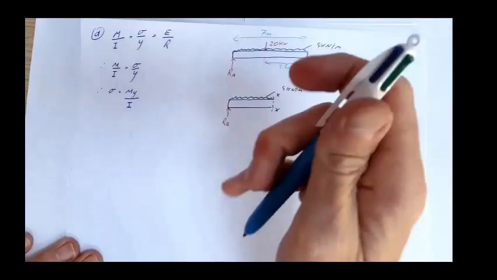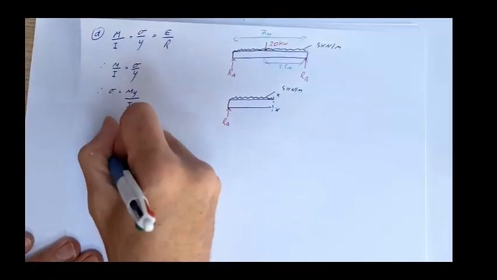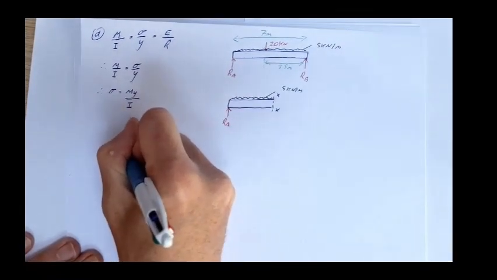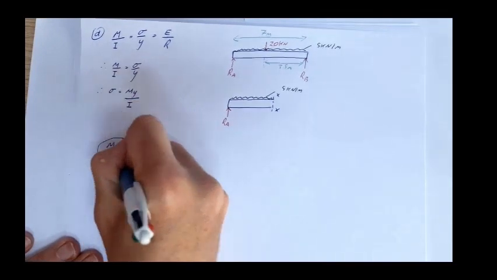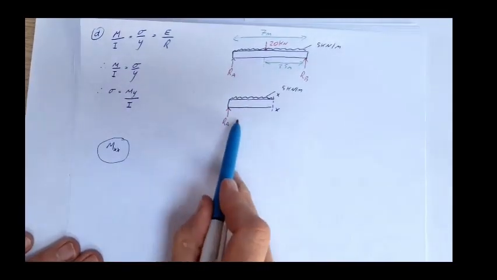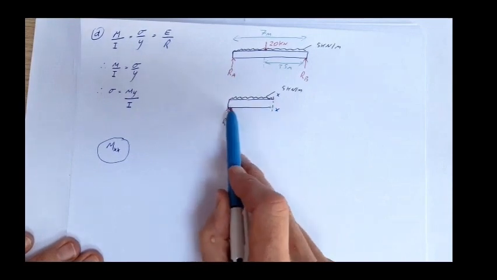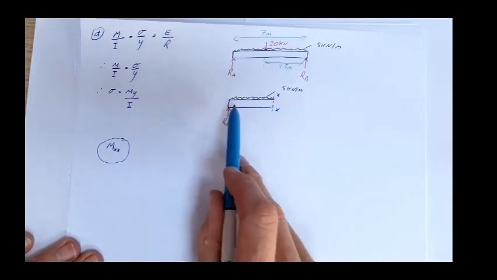And we're going to write down our moment at position XX. In order to do that, we're going to need RA, so we need to know what RA is.